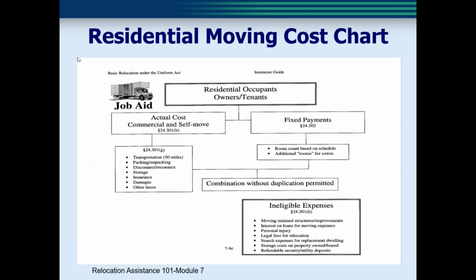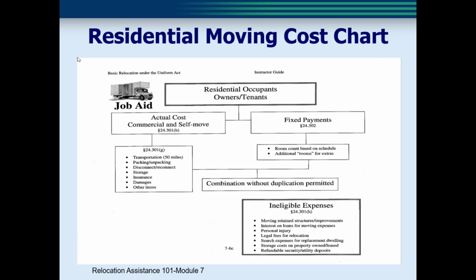An example would be a displaced person can be reimbursed under the schedule, let's say, to move 8 rooms of furniture in their home. And then they can hire a commercial mover to move their workshop, which is full of lumber and tools. So the agency needs to ensure that there is no duplication of payments.